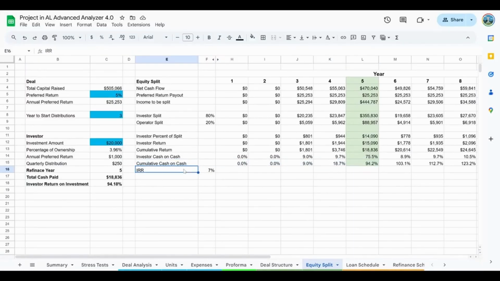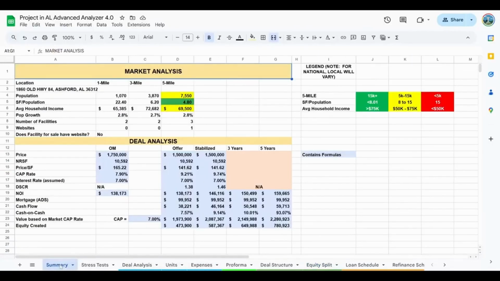Now, some investors like to look at the internal rate of return, and that's given here at 7%. So based off this $20,000, they're going to get their money back somewhere in year 5 before year 6 is over. And that is the process I go through to underwrite a property.